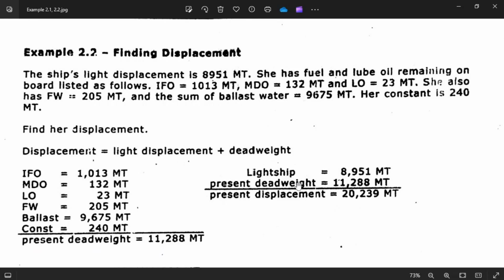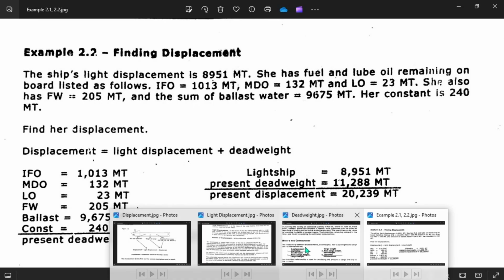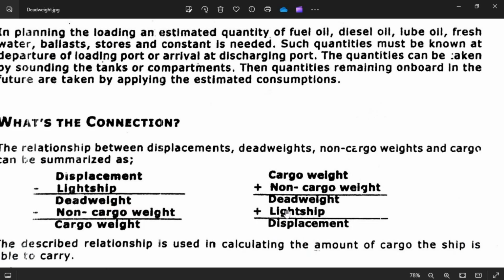Okay, so light ship, you add your present deadweight, this will be your present displacement. Okay, so look at the formula. Light ship plus your non-cargo weight or deadweight.